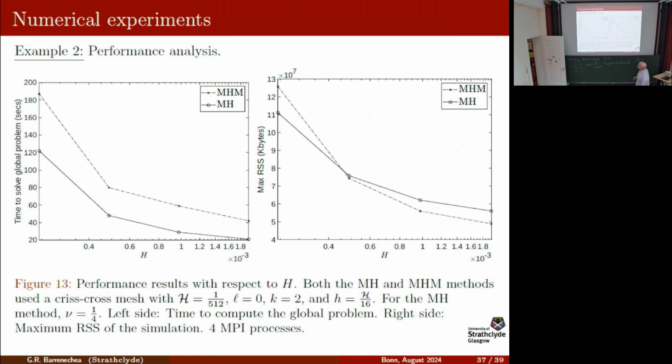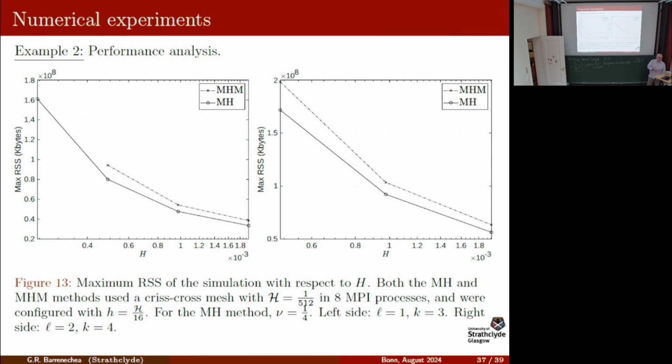I wanted faster solves, and we do get a faster solve compared to the MHM method in exactly the same configuration. This is for the time that we spend solving the local problems, the global problems, pardon me. This is the memory, so we're using less memory. This is for piecewise constants on the edges, quadratics inside.